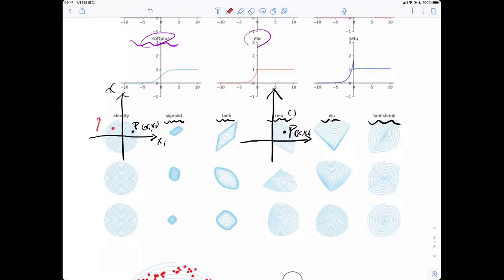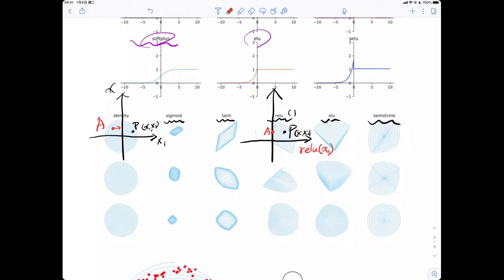called A, because its x1 value is less than 0, after you pass through the activation function, the data will be squeezed to here, because the output value of x1 should be ReLU of x1, right?